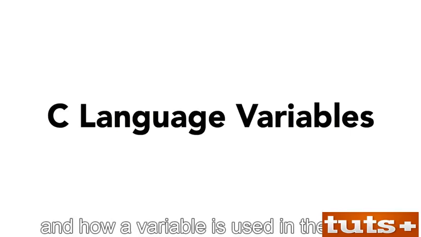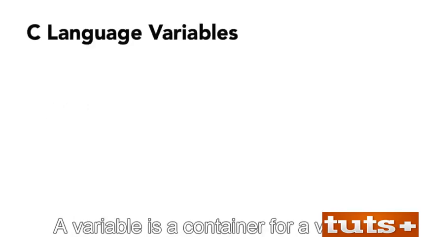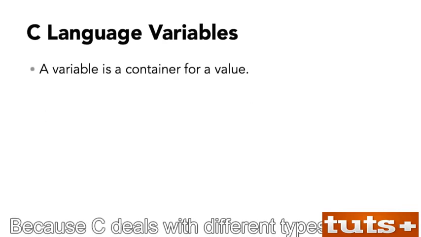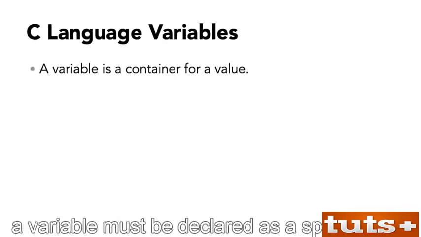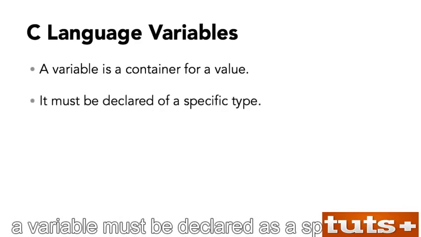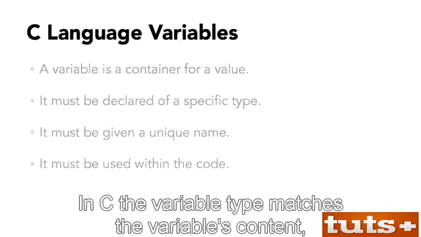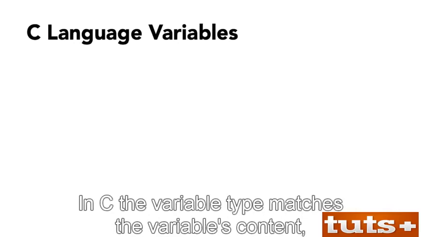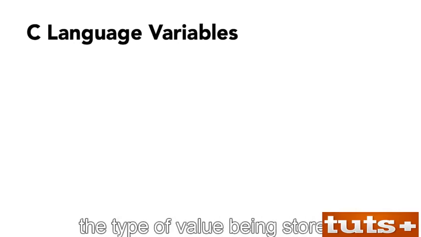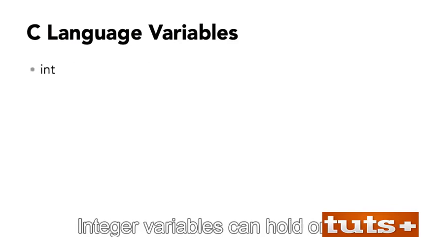A variable is a container for a value. Because C deals with different types of values, a variable must be declared as a specific type, and it's given a name that's used in the code. In C, the variable type matches the variable's content, the type of value being stored. Integer variables can hold only integer values, or whole numbers.